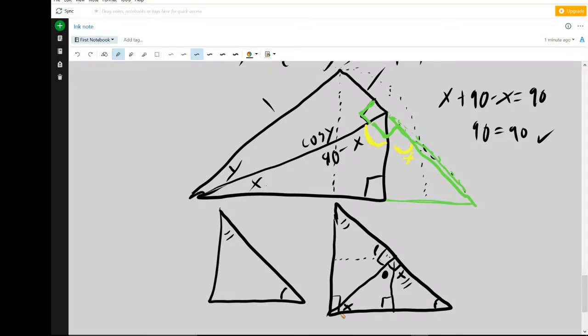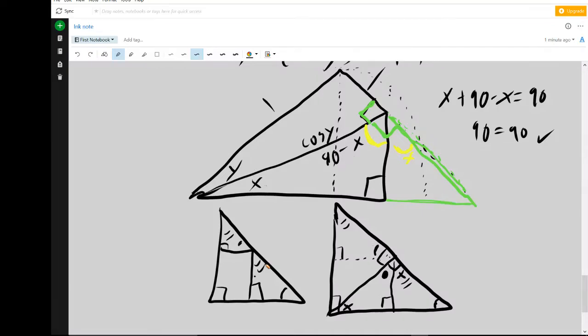And then they're all 90 degrees. So all three of these are similar, right? When we use a perpendicular line to cut this triangle, the triangles end up being similar. This angle is 90 degrees, that angle is going to be right there, and this one is going to be congruent as well.